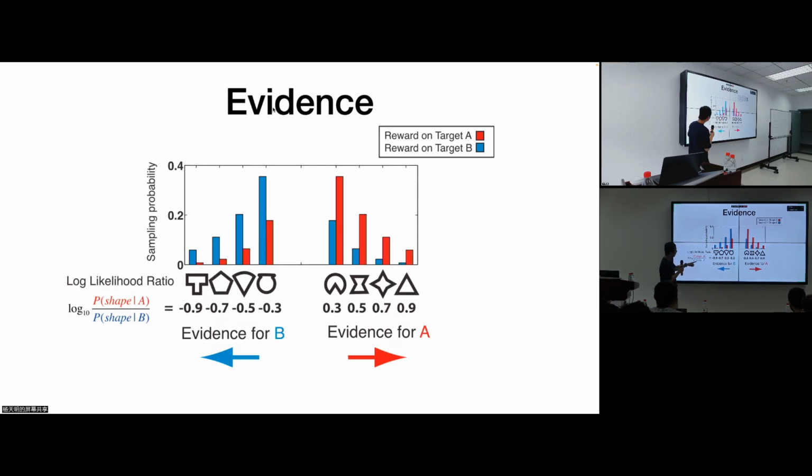And the log likelihood ratio is exactly the difference between the two distributions. The probability of, let's say, the red bar is the conditional probability of target A being correct and this shape appearing versus target B being correct and this shape appearing. Okay, so now the evidence is truly independent and you can add them up to compute the log likelihood ratio.